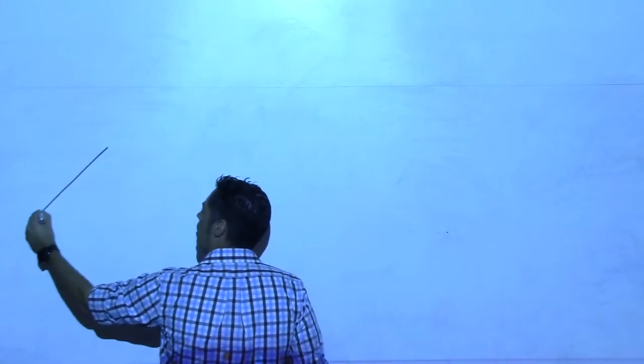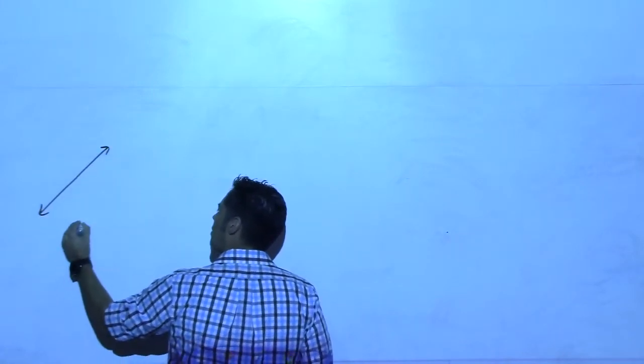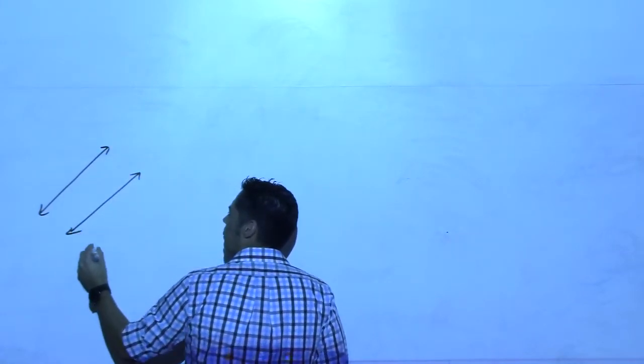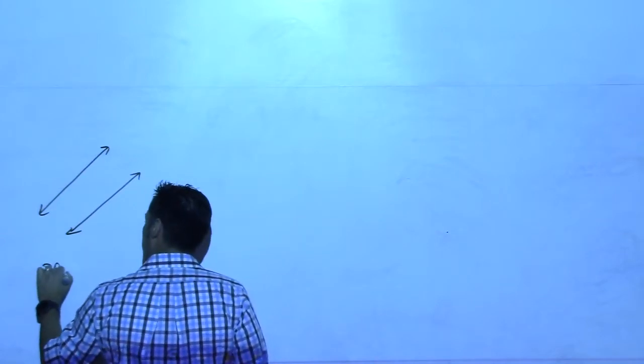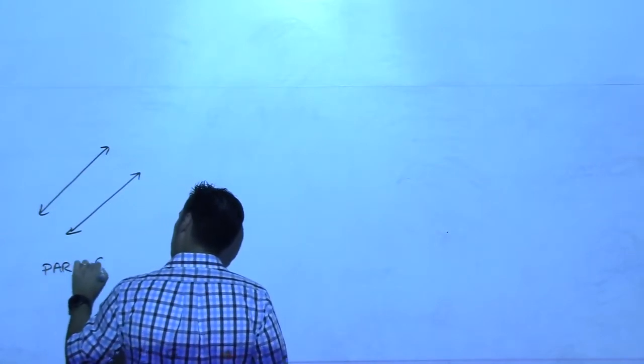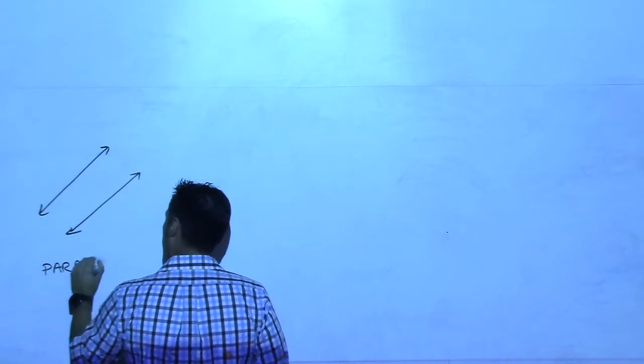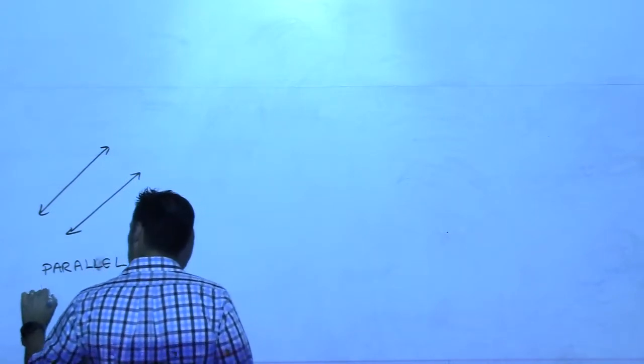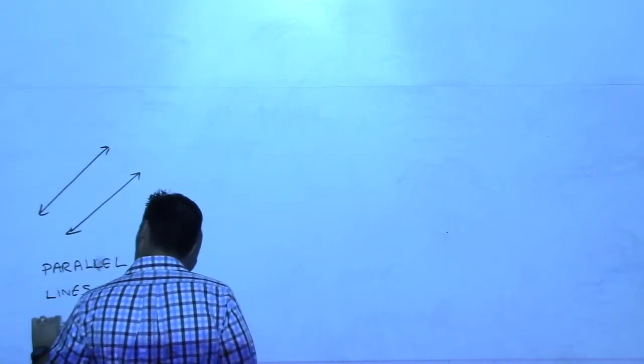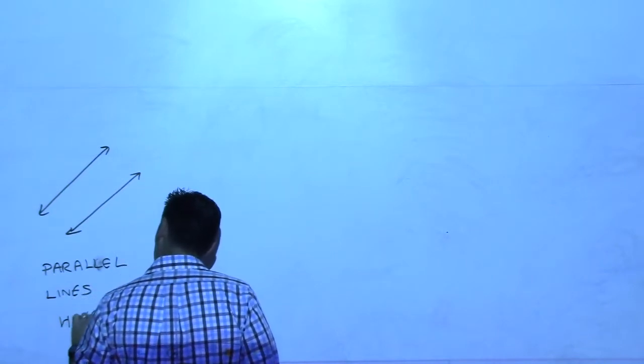We pretty much know that parallel lines, like two lines that are parallel, will have the same slope. Parallel lines have the same slope.